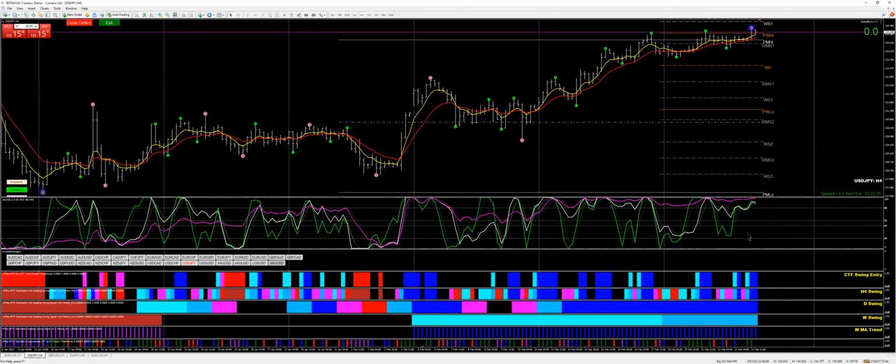Under that, I had three stochastics. This is the long term, which tells me the long-term trend. I have the medium term, which is the white one, tells me the midterm trend, and the green one, which is the current trend on the time frame that I'm looking at. So technically speaking, this is the 4 hour.